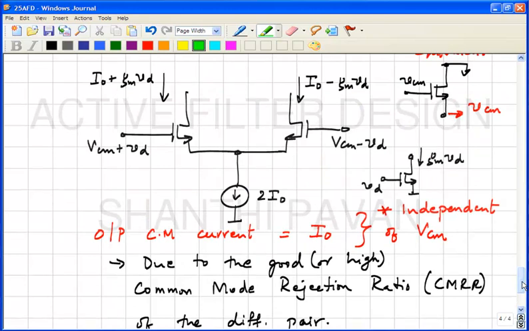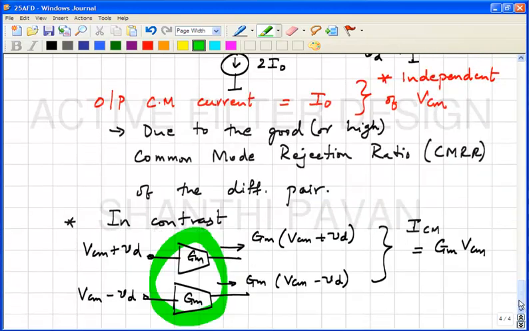So the moment it encounters a differential pair, the variations in the output common mode are greatly suppressed, or in principle 0, even though the input common mode is changing. You understand? Okay. So that is that.